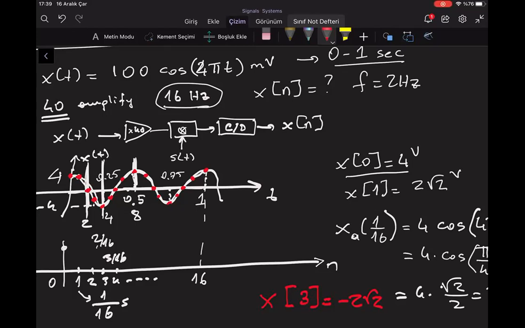Yes, so I have 4 here, 2 root 2 here, 0, minus 2 root 2, minus 4, minus 2 root 2, 0, plus 2 root 2, plus 4, and so on. I couldn't draw everything in appropriate sampling, but this is the main logic.